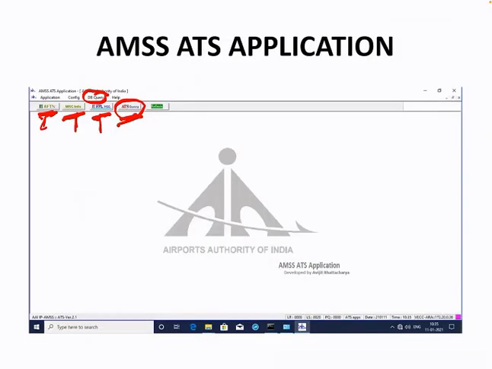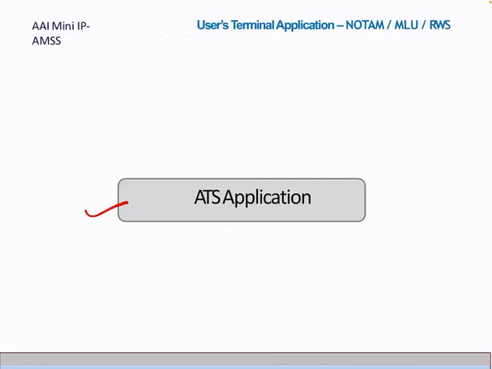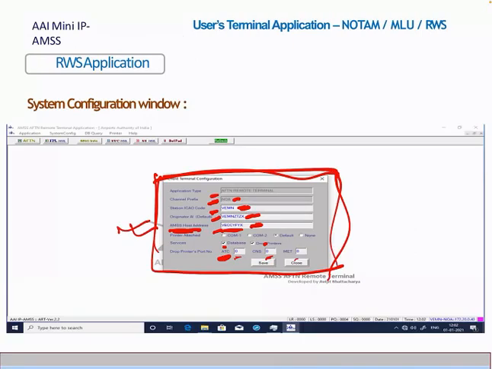this, as I have told you, suppose you have done this configuration and you want to change it again, then how will you do it? There is an option, System Config, and once you click on System Config, you will have two options: to view the config file and to change the config file.